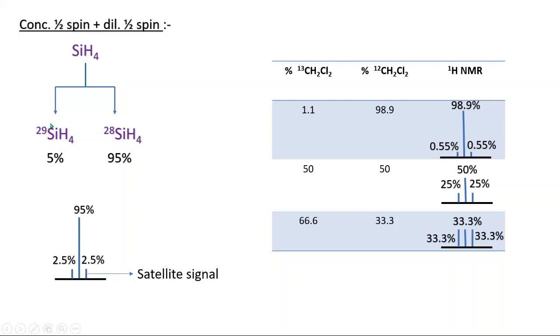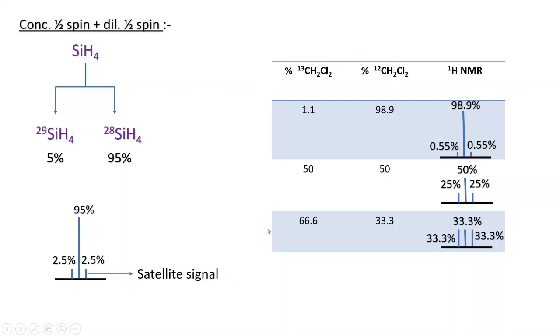That will be divided by 2, so 2.5% and 2.5%. So it remains a doublet and a singlet. For this we will get a singlet, and for this we will get a doublet in proton NMR. Remember, in proton NMR. These small peaks are known as satellite signals.